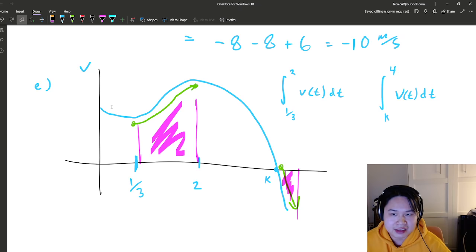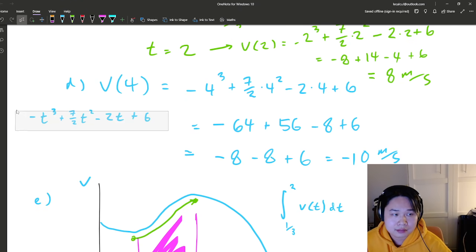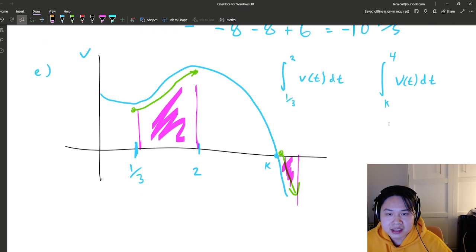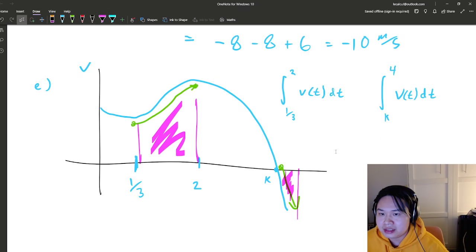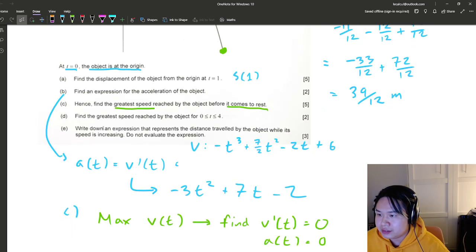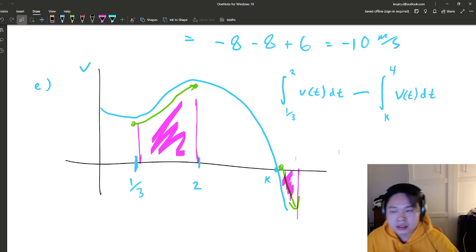And you'll probably need to actually write the expression. Keep in mind that this is a negative distance because you're moving to the left at this point. So if you want total distance, which is what they asked for, distance traveled by the object, we are going to subtract the negative part, which means that we're technically adding this to get total distance traveled. And then there you go. You are done with the paper.